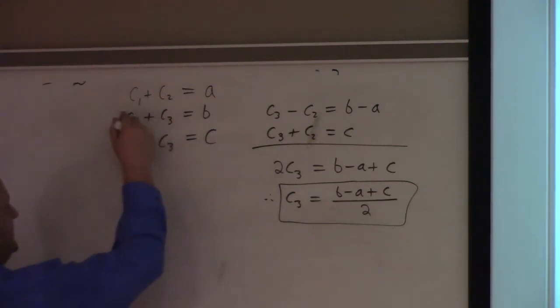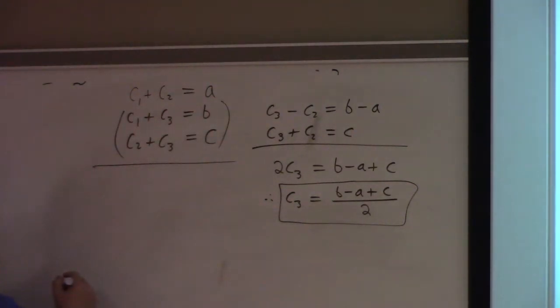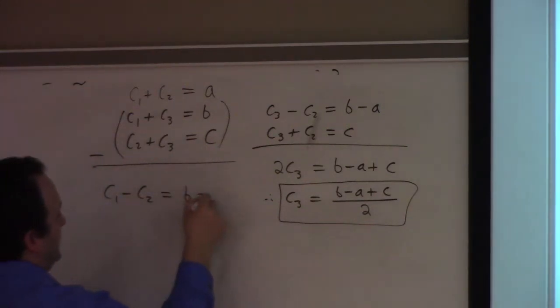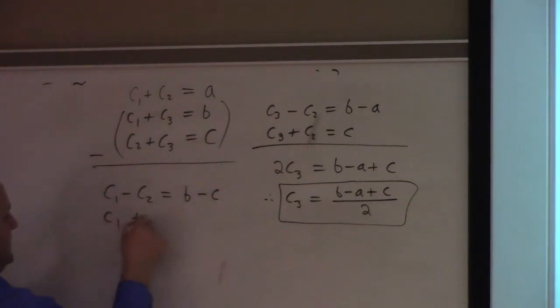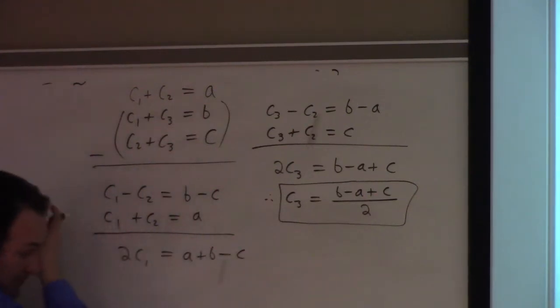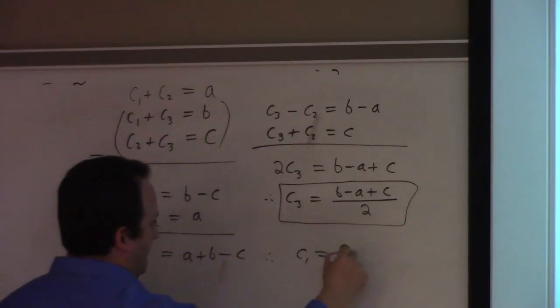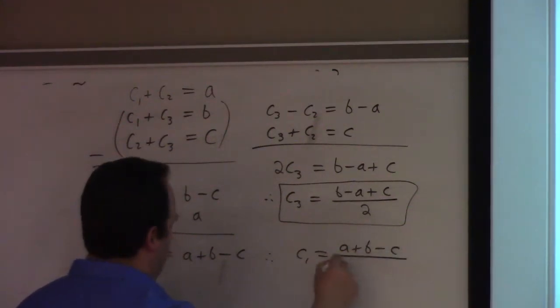If I subtract these two, I get C1 minus C2 is equal to B minus C, and then I've got C1 plus C2 is equal to A. So if I add these, I get 2C1 is equal to A plus B minus C. So therefore, C1 is (A plus B minus C) over 2.